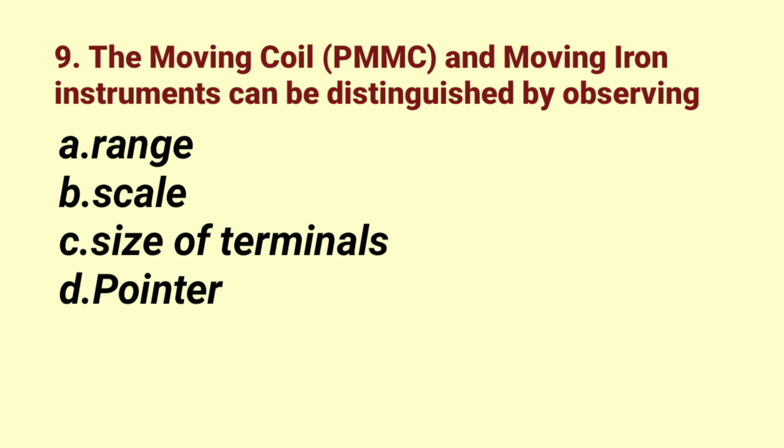The scale is uniform for the PMMC instrument, that is the moving coil instrument, whereas for the moving iron instrument the scale is non-uniform. It is linear up to some portion, after that it varies. By observing the scale, we can identify whether it is a moving coil or moving iron. The answer is B, scale.